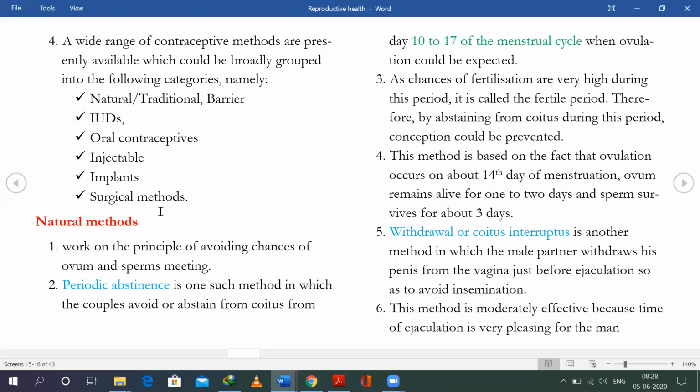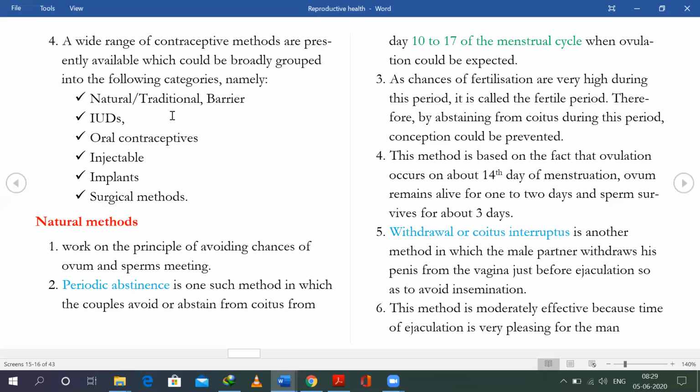They can go for the contraception of their desire based on the recommendation of their family doctor or gynecologist, who will recommend what kind of contraceptive method is suitable for you. And there are natural methods.